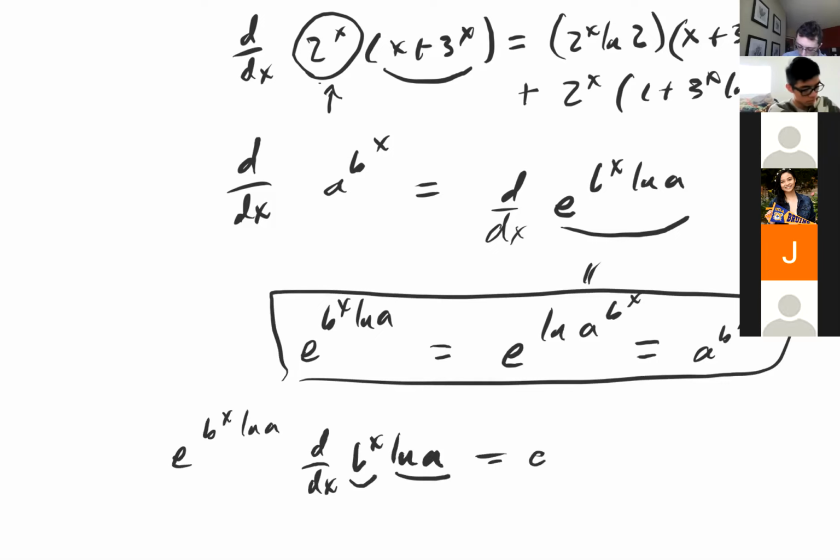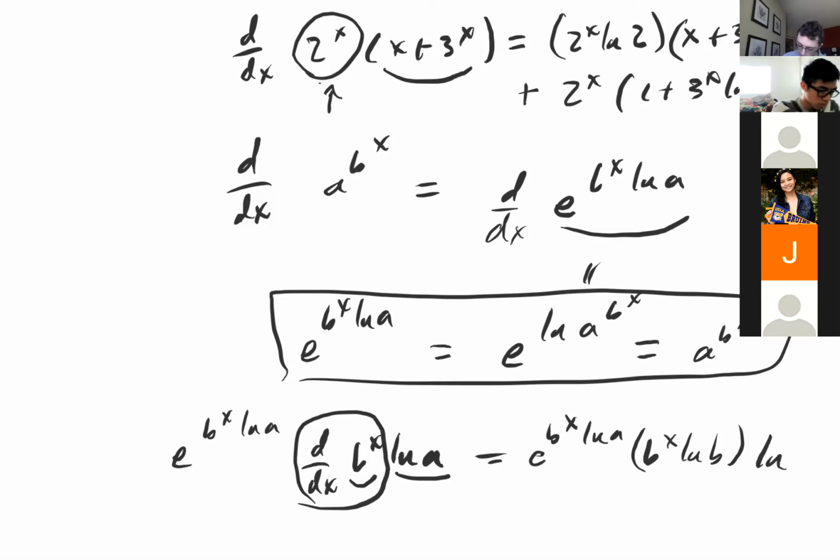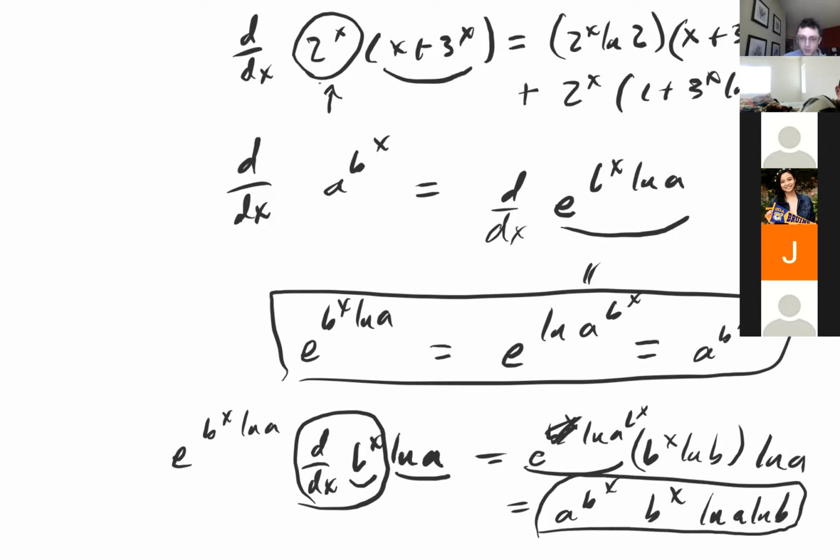So we get e to the b to the x ln a times b to the x ln b. Then you can simplify this again, because you can move this up here. And then you get a to the b to the x, times b to the x, times ln a, ln b, okay? And that's the answer. Is everyone happy with this?